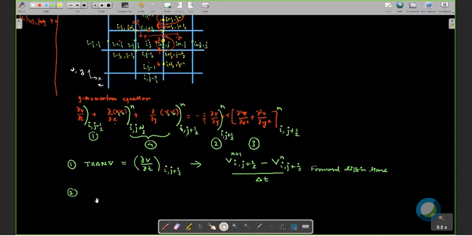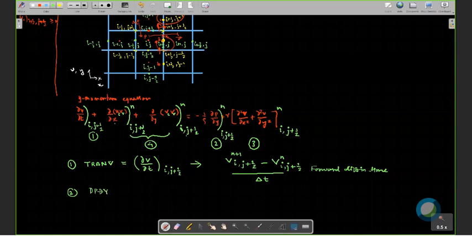The second term, you can call it dpdy, because it is dpdy. So you can call it 1 by rho del p del y, and this also has to be evaluated at I, j plus half. This is given as forward difference in space. So what is forward difference in space for this particular case?